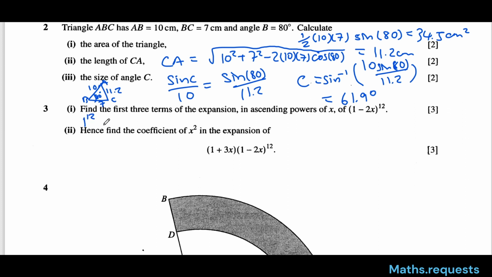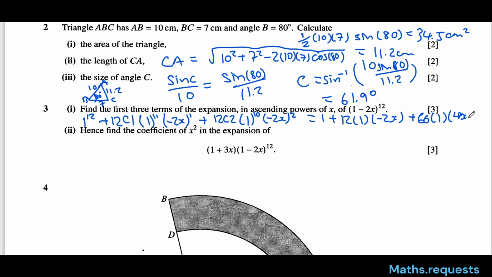Well, the first term is going to be 1 to the power of 12, plus 12C1 times 1 to the power of 11 times minus 2x to the power of 1, plus 12C2 times 1 to the power of 10 times minus 2x to the power of 2, and that equals 1 plus 12 times 1 times minus 2x plus 66 times 1 times 4x squared, which gets you 1 minus 24x plus 264x squared.